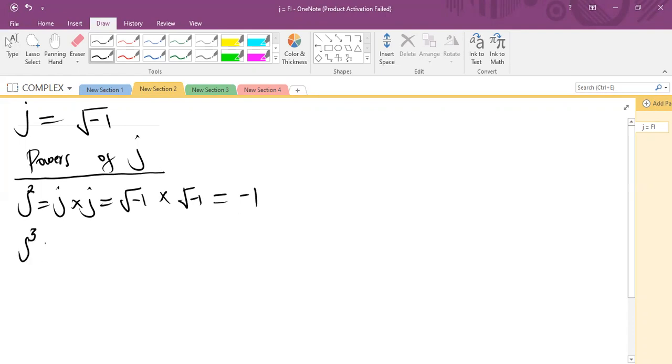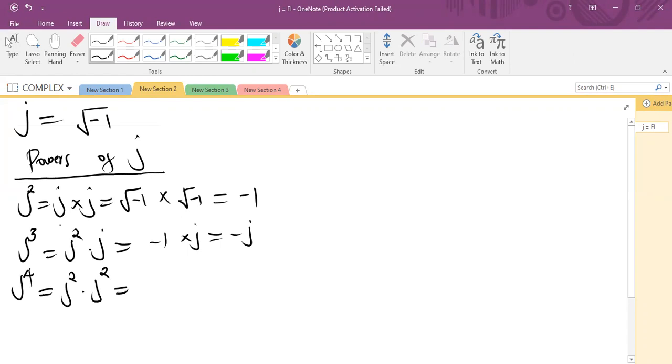Then j cubed is j squared multiplied with j. Now j squared we already have as minus 1, so that is minus 1 times j, and this gives us minus j. j raised to power 4 is the same as j squared multiplied with another j squared, which is minus 1 times another minus 1. This will give us 1.